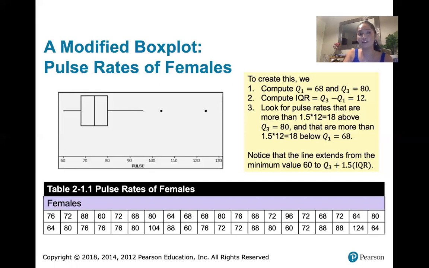Or what do you mean by very low? This modified box plot gives us a definition of very high or very low. It's anything beyond that Q3 plus 1.5 times the interquartile range, so values that are above that, and anything below that Q1 minus 1.5 times the interquartile range.